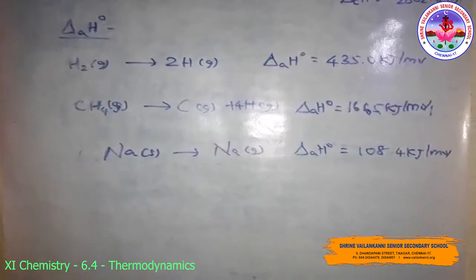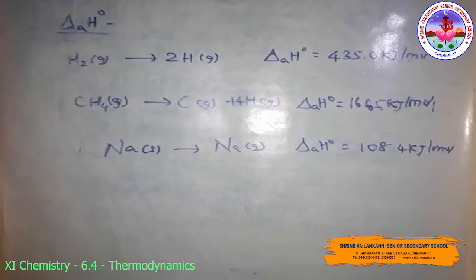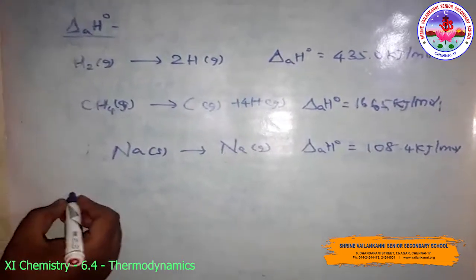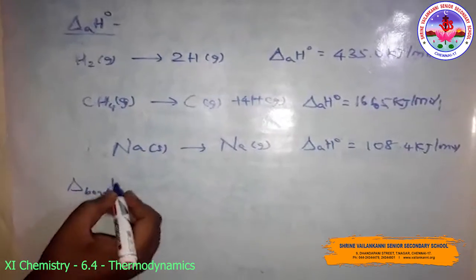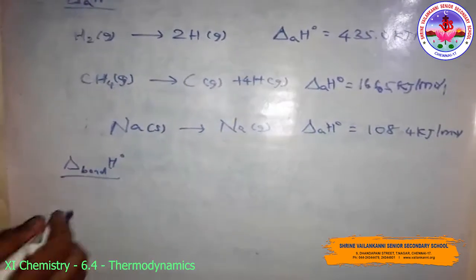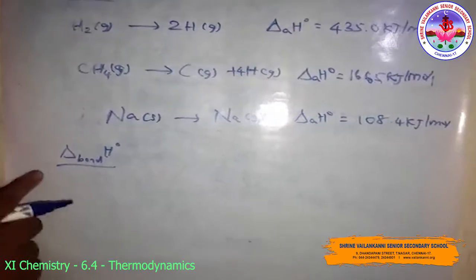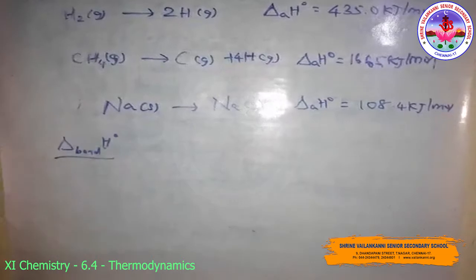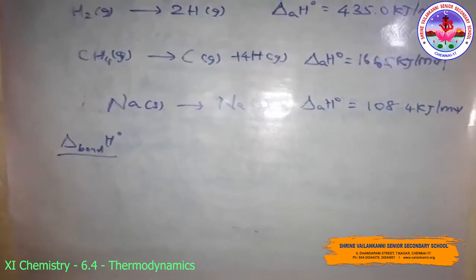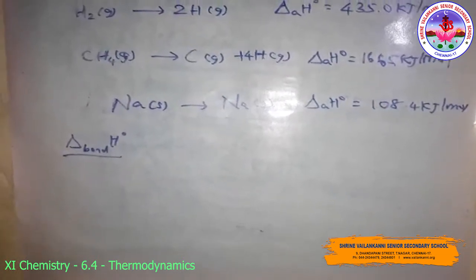Okay, then bond enthalpy. The symbol is delta subscript bond H naught, which indicates bond enthalpy. A chemical reaction involves the breaking and making of chemical bonds.